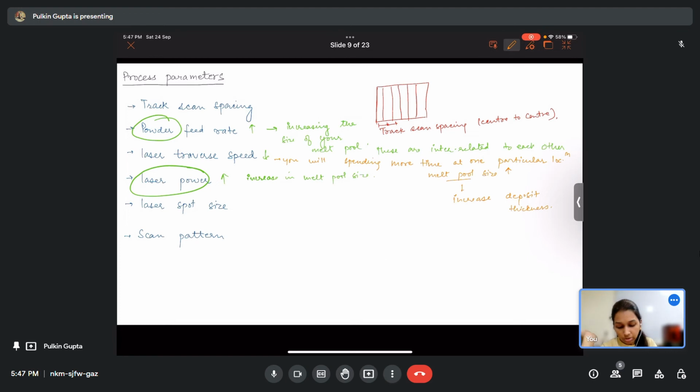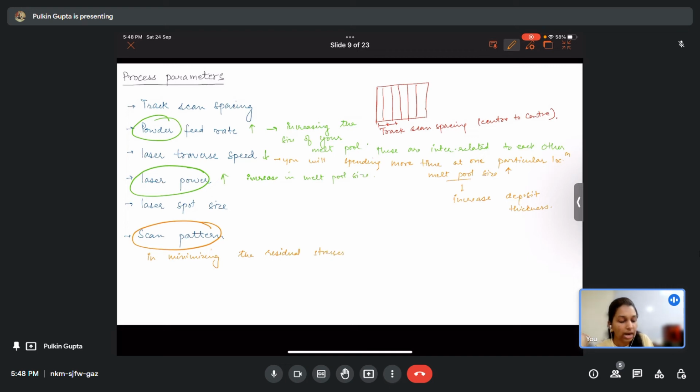Okay, so now a scan pattern also plays an important role in minimizing the residual stresses.